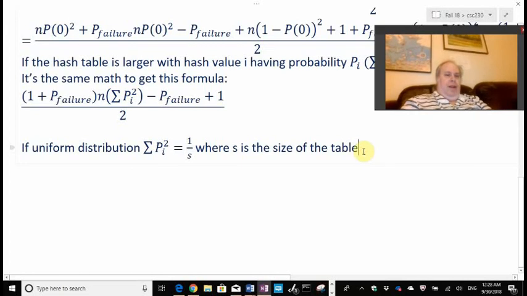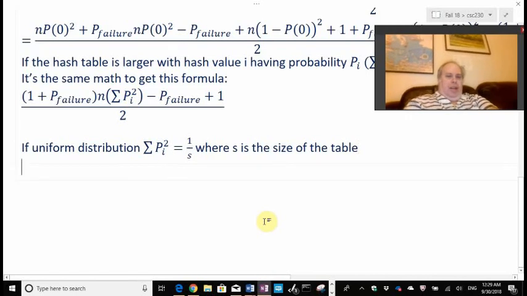Now usually the sum of p_i squared is not perfectly uniform, it's not 1 over s, but it's usually fairly good.